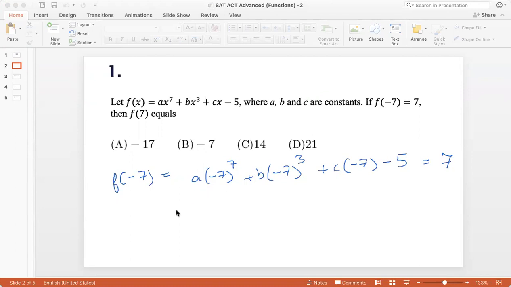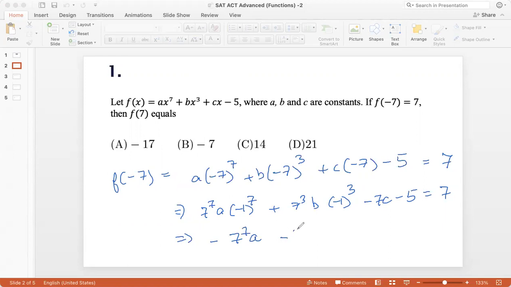Now, if you can see this, this can be written as 7^7 a times (-1)^7 plus 7^3 b into (-1)^3 minus 7c minus 5 is plus 7. Or in other words, minus 7^7 a minus 7^3 b minus 7c minus 5 is plus 7.